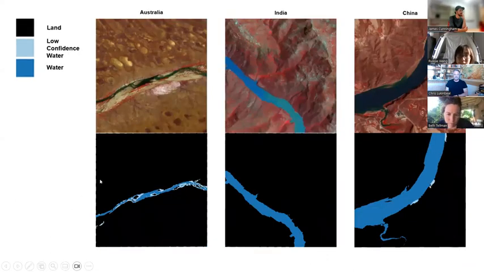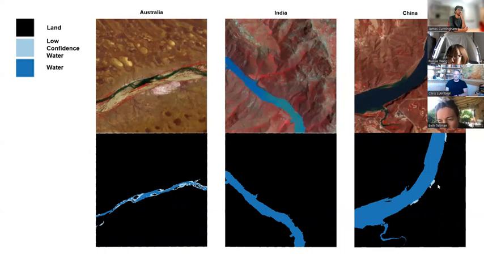And this one, the Australia one, is seasonal water, so we chose the rainy season for it, so we can see some water in this river, but mostly it's dry. And here's the river from India, and this river is from China.